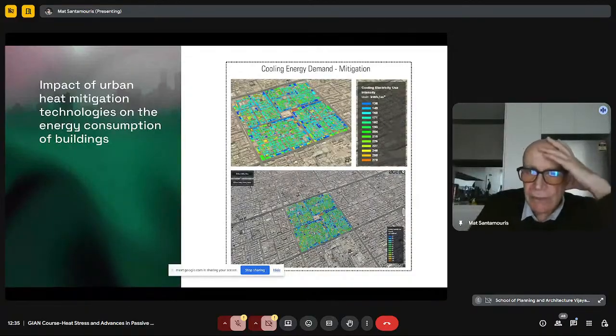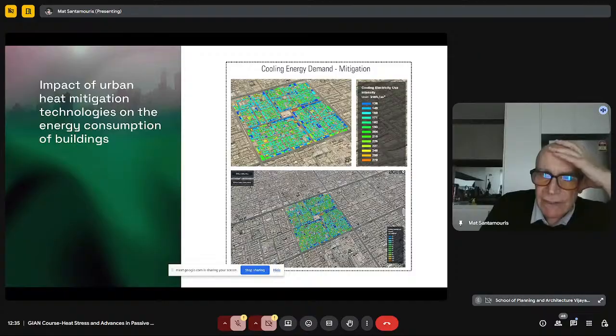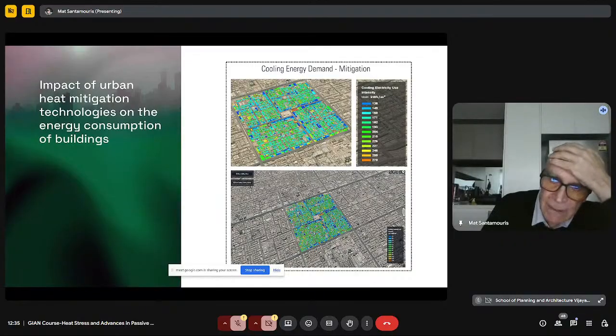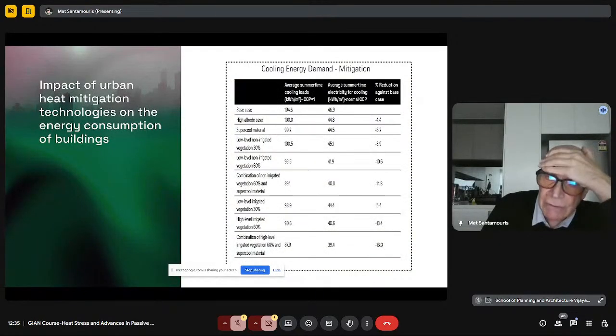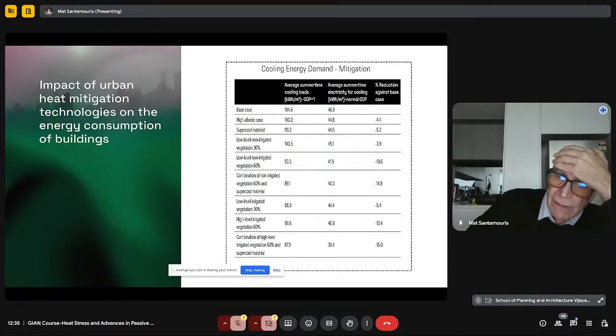So we knew for each of these buildings the energy consumption under the reference conditions, and we compared it against the real data and the different mitigation conditions. On average, the combination of irrigated greenery together with supercool materials may decrease the energy consumption in Riyadh by 16%.